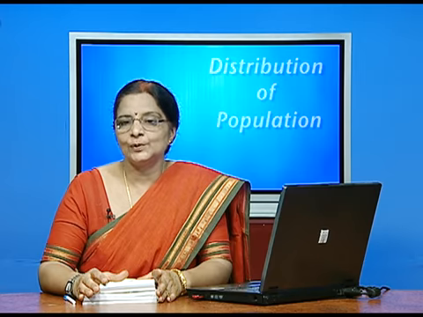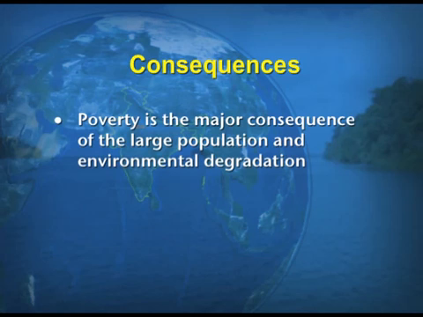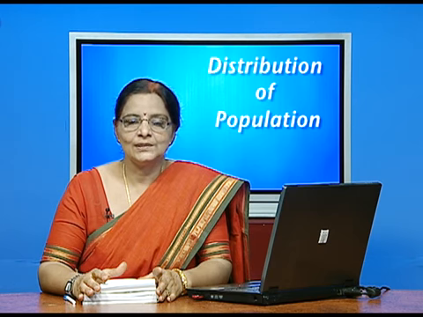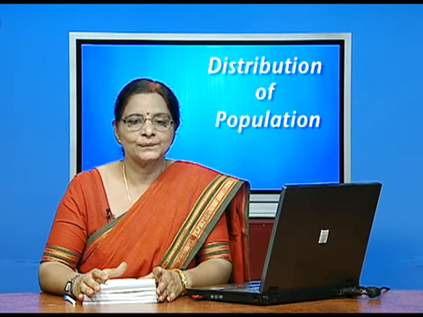of that large population? Number one, poverty is the major consequence of the large population, followed by environmental degradation. And the huge population of India results in the scarcity of resources, because the number of people who have to consume is very large.